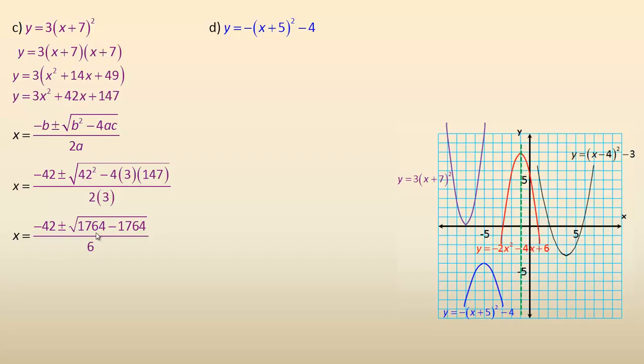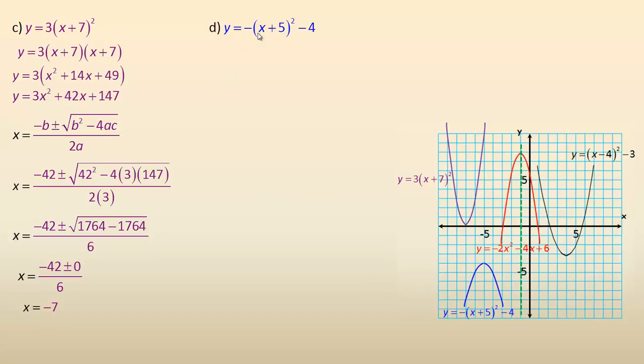So that's 1764. We're subtracting 1764, which of course is 0. So the root of 0 is 0. So there's really no reason for the plus or minus, because plus 0 minus 0 is just the same as not having anything there at all. It's really just negative 42 divided by 6, which is negative 7. So that single root happened because the value underneath the root is 0. That's why that happened. Okay, last one here, the one that has no roots, never goes through the x-axis.